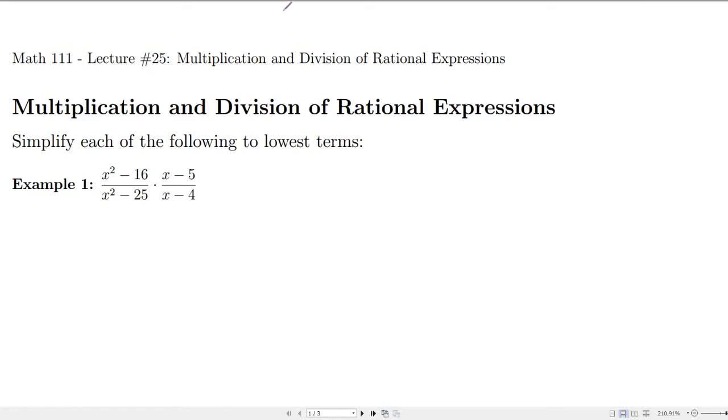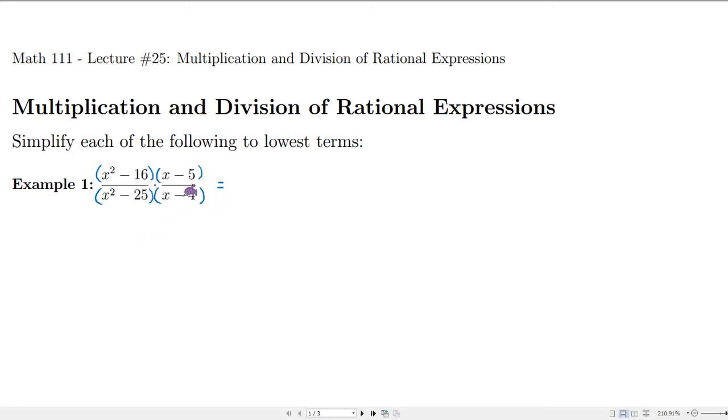So in this lecture, we're going to multiply and divide rational expressions. The key to doing this is built on what we've already been doing. When we multiply these things, essentially what I like to do is add in parentheses to start.